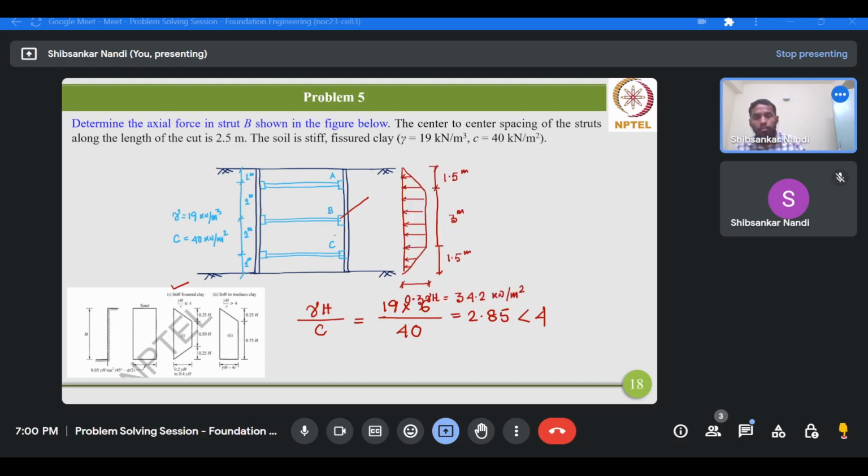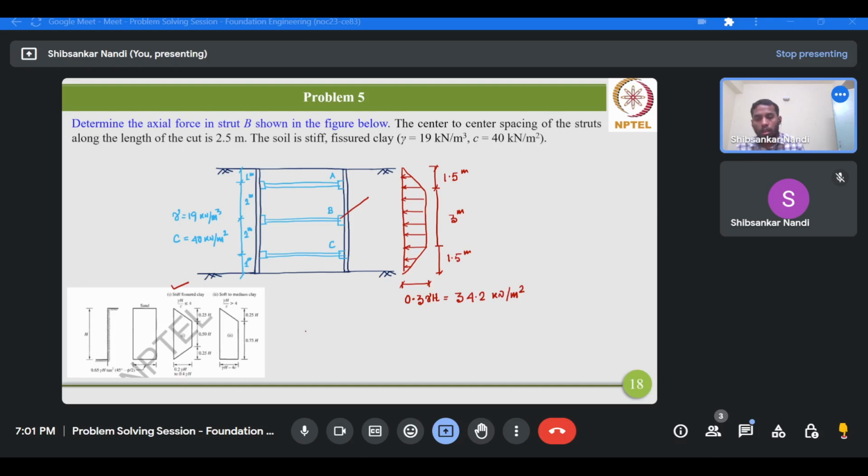Here the distribution starts from a value of 0 and reaches a value of 0.3 gamma h. As you can see, the magnitude of the pressure varies from 0.2 gamma h to 0.4 gamma h.